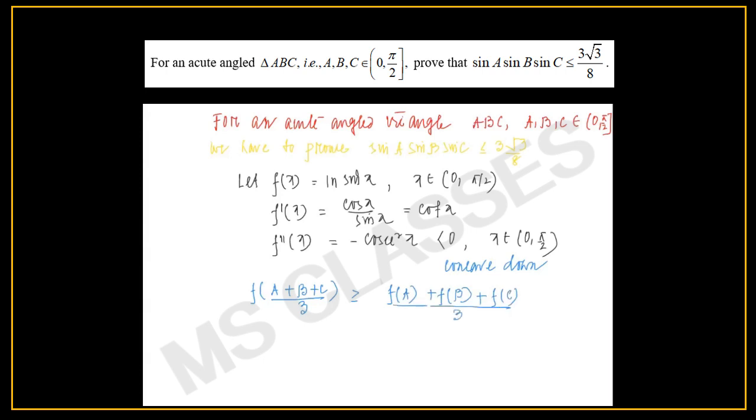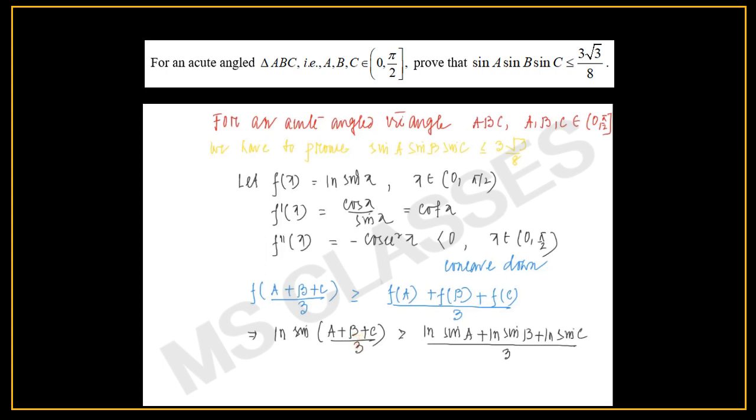And from this we can say ln sine of (a plus b plus c)/3 is greater than or equal to (ln sine a plus ln sine b plus ln sine c)/3. Now, a plus b plus c, here it is π, so sine π/3.